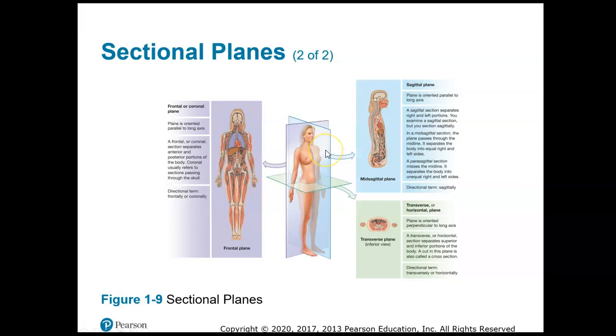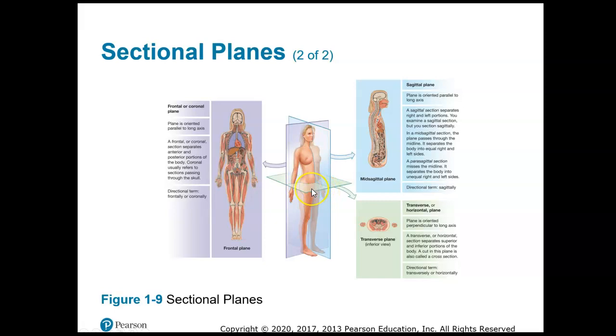So if you look at these planes as glass, this purple glass is going through the female's body in a frontal or coronal plane, and the blue glass is going through as a sagittal plane, dividing it into left and right halves.